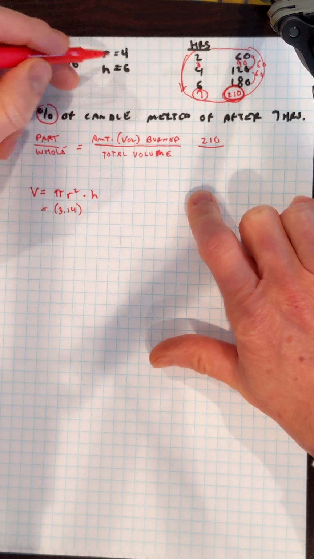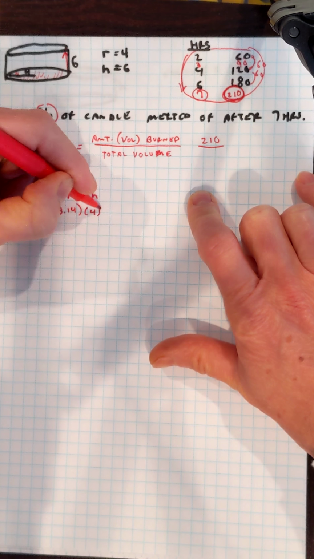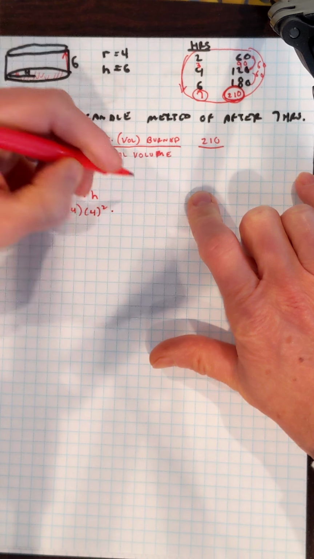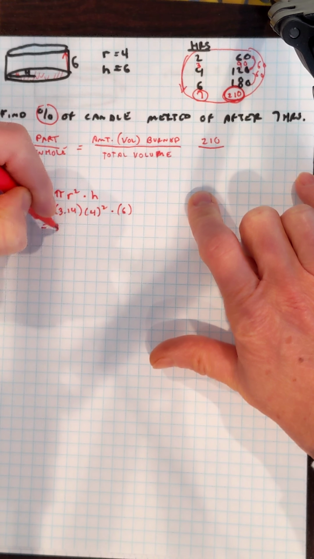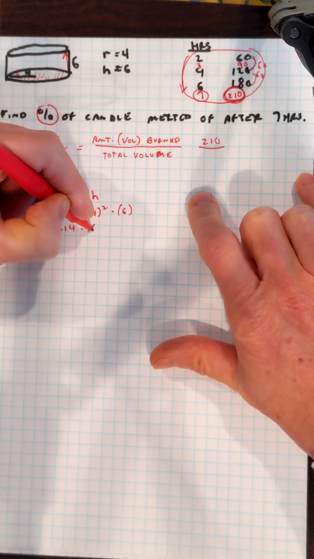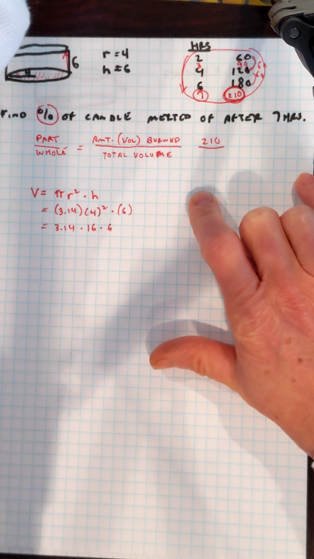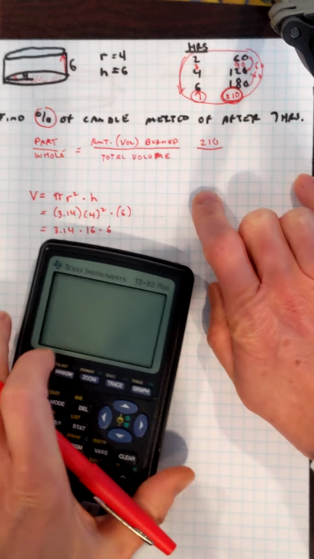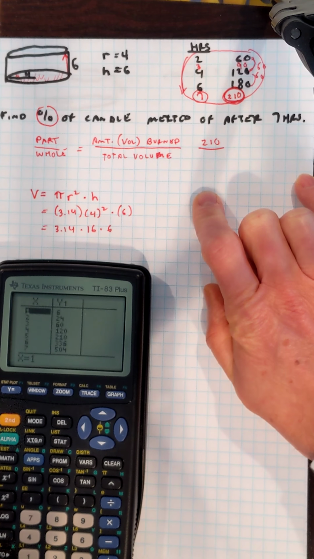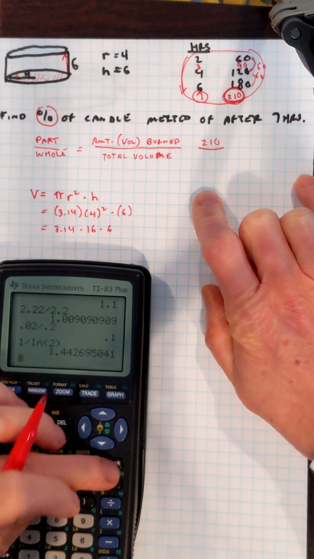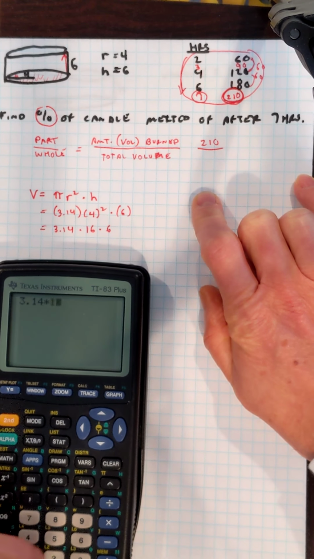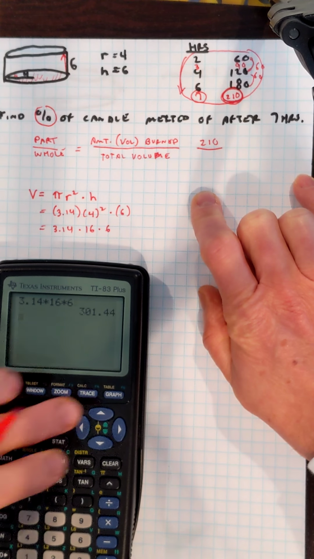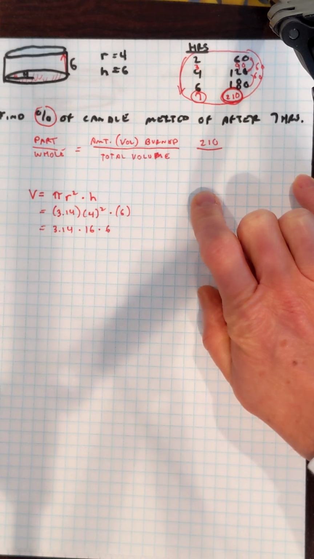Our radius, they told us, is 4, and you square it times height, which is 6. So 3.14 times 16 times 6. I'm going to go ahead and use my calculator, and I will compute that for you. 3.14 times 16 times 6. About 301.